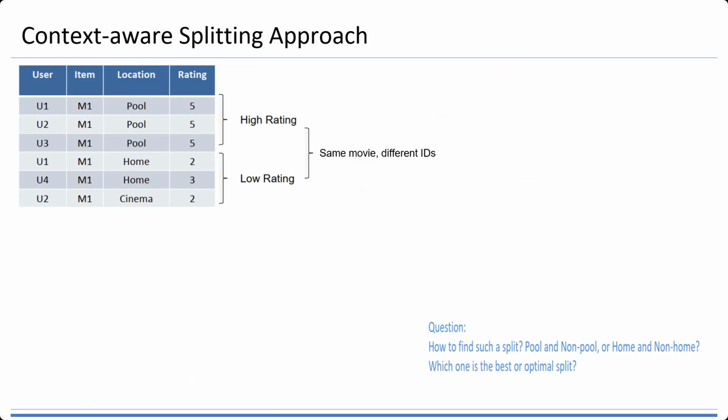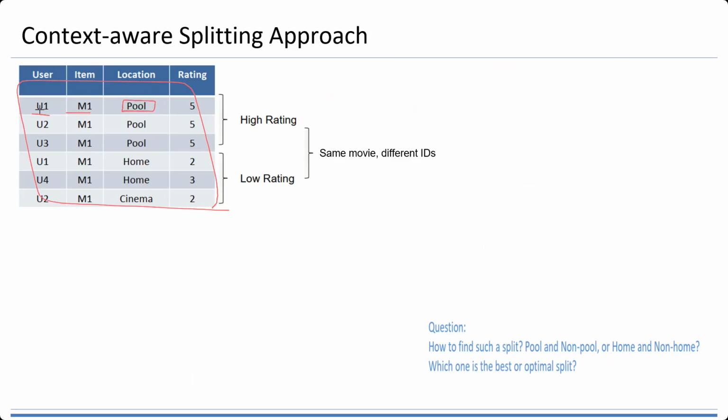Now, there will be some ways to do the splitting. The context-aware splitting approach means I want to know how this rating can be applied for the rating prediction. Let's say user one watched movie one at the pool. Maybe there is a pool party.